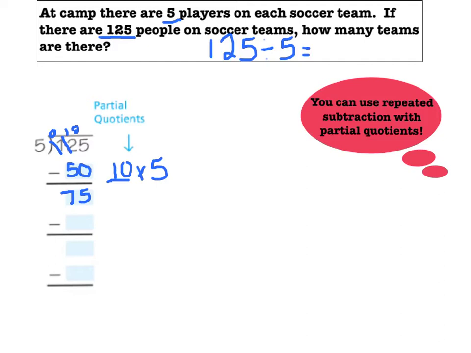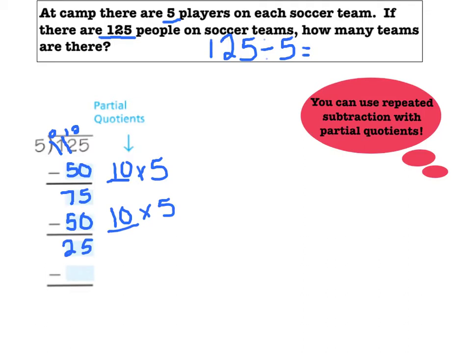Now I can see that I can still take another group of 10 away from 75. I can take 50 away again from 75. So I'm going to subtract another group of 10, which is 50, and I'm going to put my 10 groups because 10 times 5 was 50. And when I do 75 minus 50, I get 25.